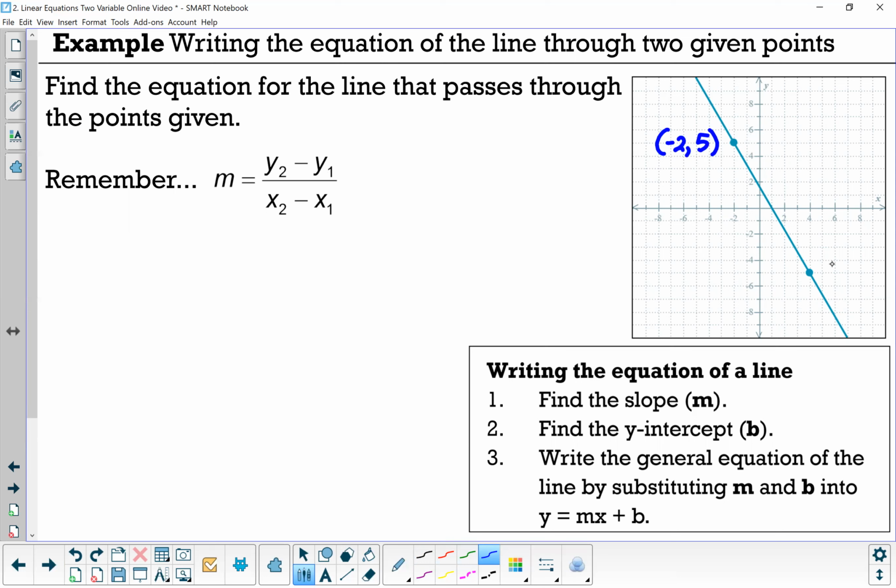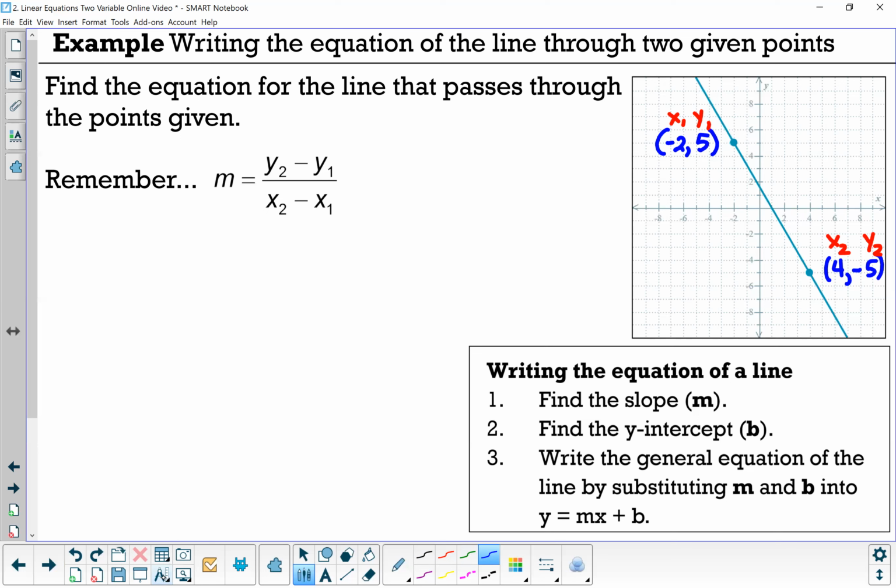And the second point here is 4, -5. I'm going to call this one x1, y1, this one x2, y2. And I'm going to use the formula to find the slope. You can do it either way, use the graph or use the formula. I'm going to use the formula here.